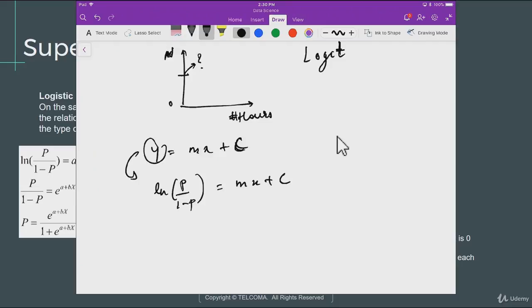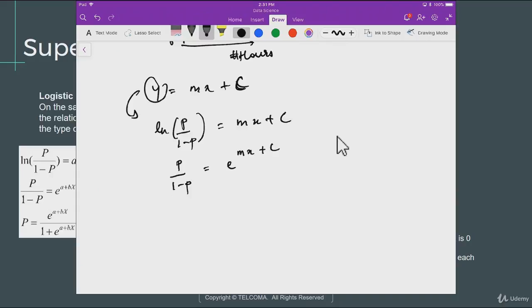So if you solve this further, if you take exponential on both the sides, we would get p upon 1 minus p is equal to e raised to mx plus c. Now we can simplify this further. What we can do is we solve this further by saying p upon e raised to mx plus c is equal to 1 minus p.